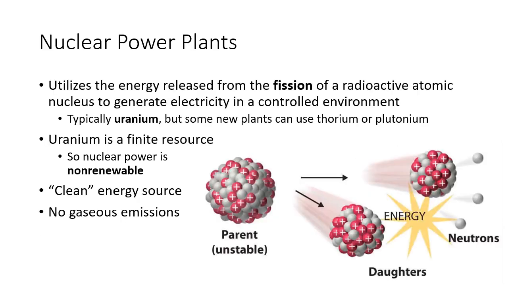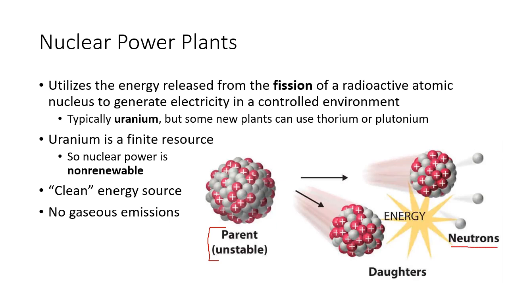So we'll start with how we generate power with nuclear energy. The way that we get power is we have to start with nuclear fission. And that is where a parent isotope that is unstable or fissile or radioactive is going to split, or undergo fission, break apart into two daughter nuclei, as well as some neutrons that are going to be made.